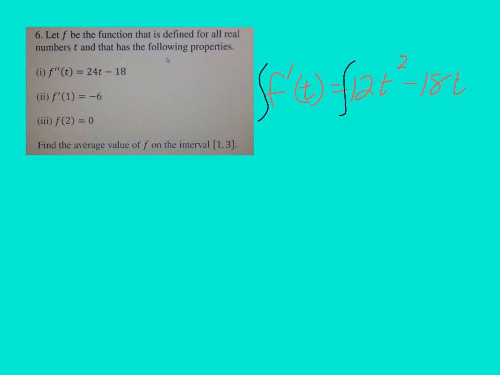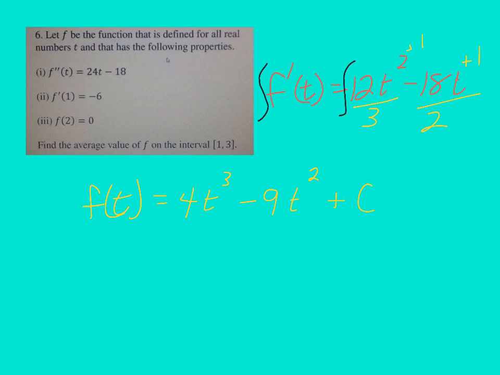All right, so let's do that. So the antiderivative of f prime is f of t, and I'm going to add 1 and divide by my new exponent, so that gives me 4t cubed. I'm going to add 1, divide by the new exponent, so negative 9t squared plus c.